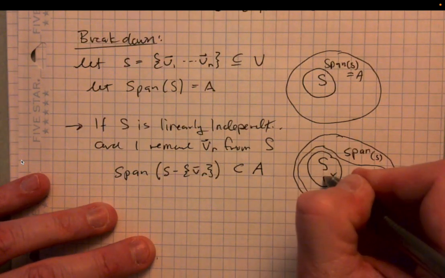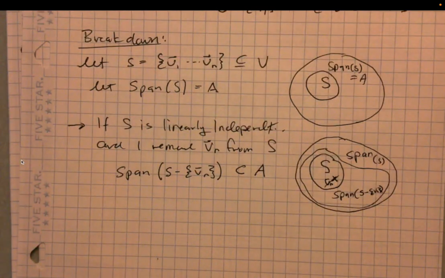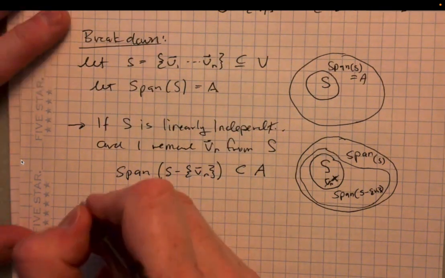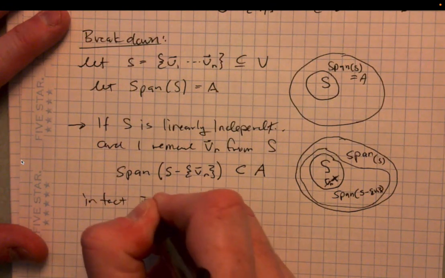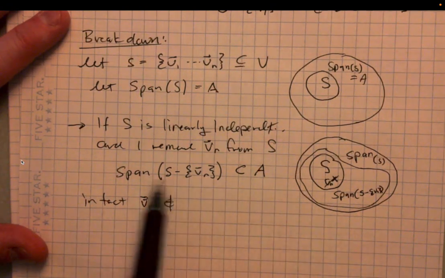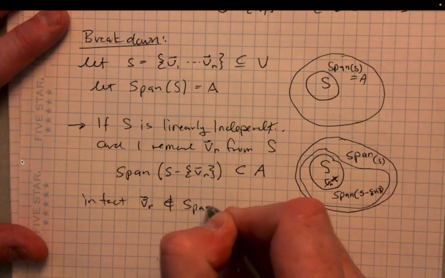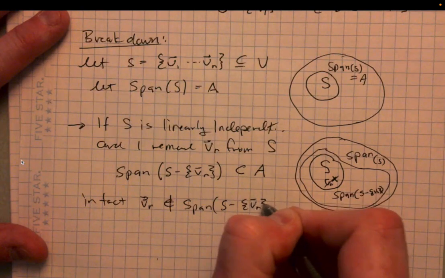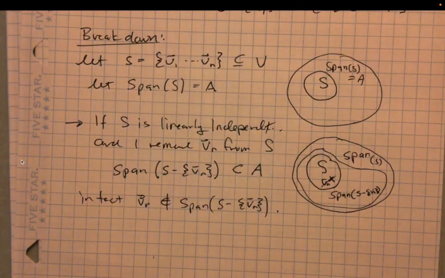So if I remove a vector from a linearly independent set, that's going to constrain the span. It's going to make the span smaller. In fact, one of the vectors you would lose from the span would be Vn. So Vn would not be in the span of S minus Vn.